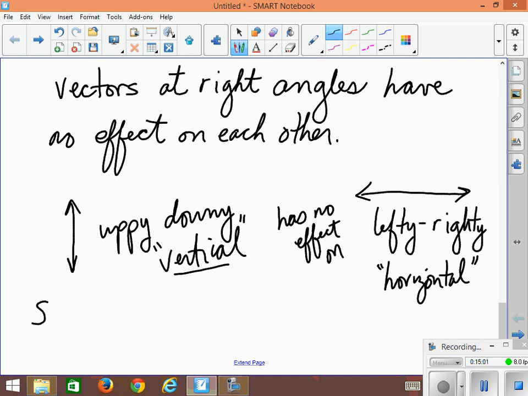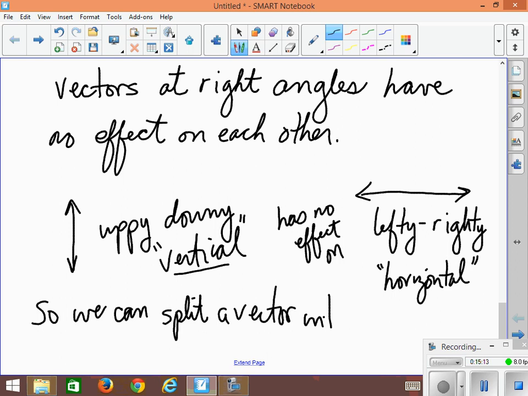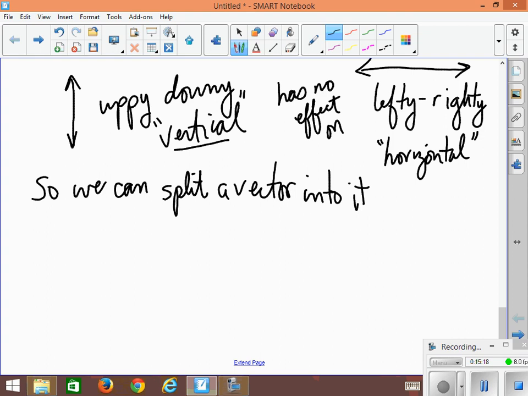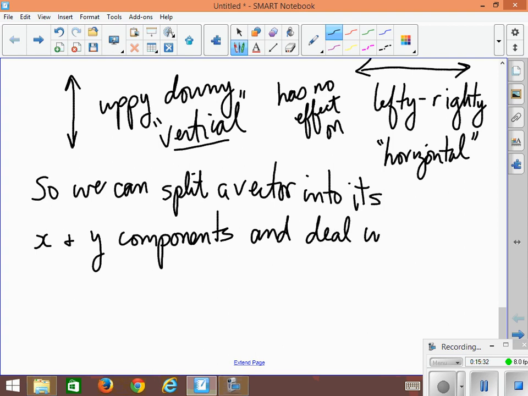So this means that we can split up a vector into its x and y components, its lefty-rightiness and uppy-downiness, and deal with them separately because they don't affect each other, which makes it easier to analyze problems in 2 dimensions.